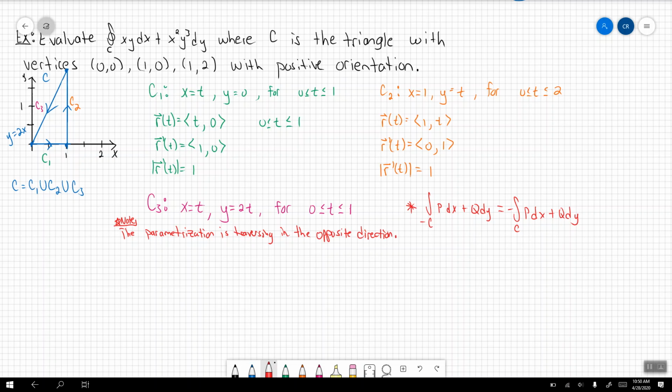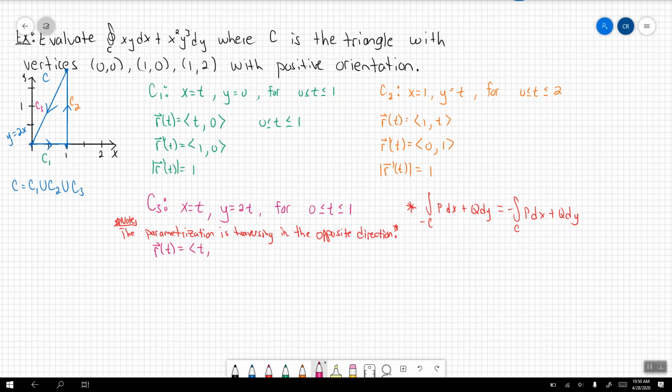So this parametrization, the one that we chose here, is traversing in a negative direction, or opposite direction, so we're going to need to account for that. All right, now in my accounting, I'm not going to do it just yet, but I will go ahead and write all this out.